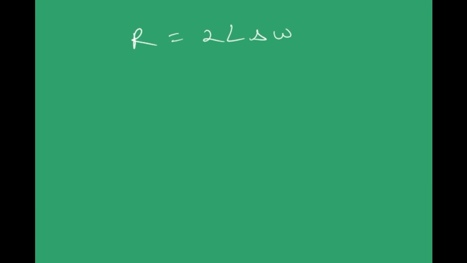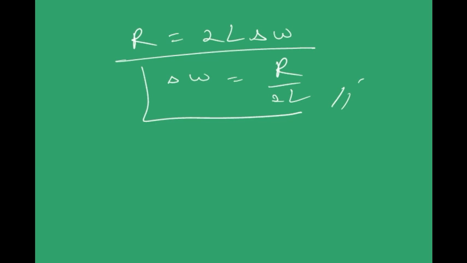So 2L delta omega is equal to R, and delta omega is R by 2L. And delta omega by omega naught will be R by 2L omega naught.